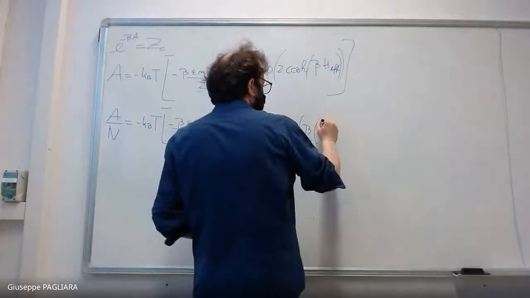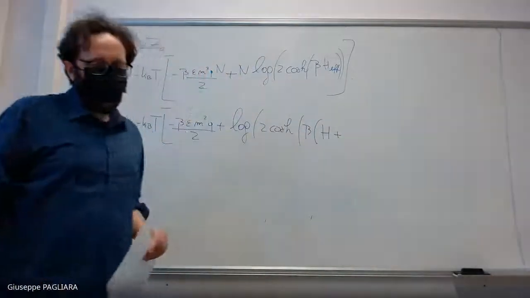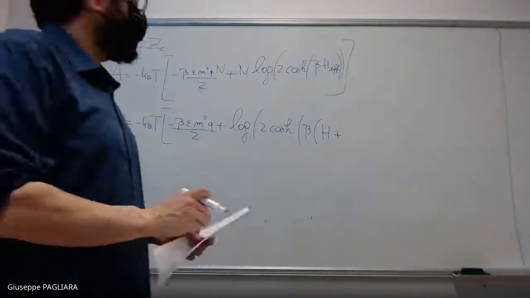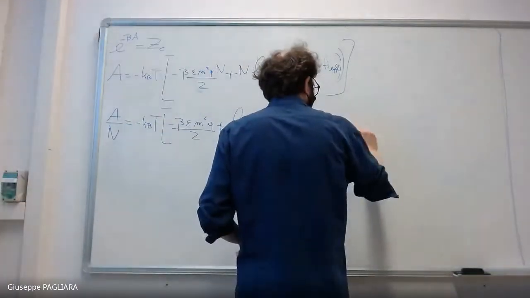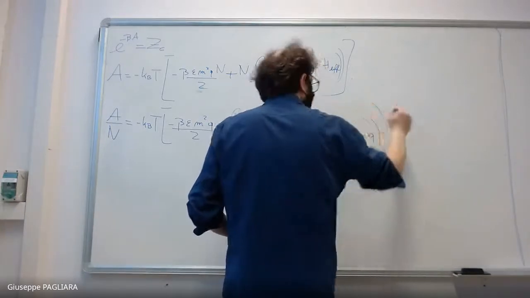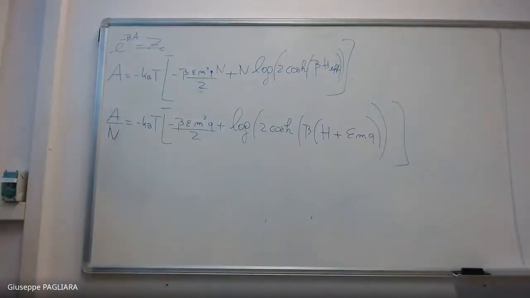H effective was the magnetic field H plus epsilon m q, as we wrote before.